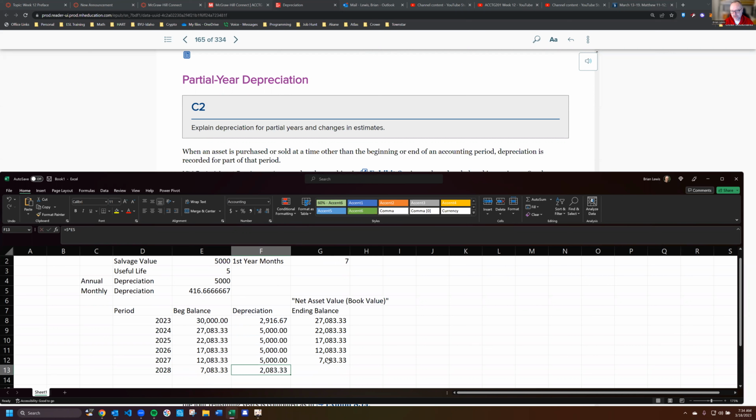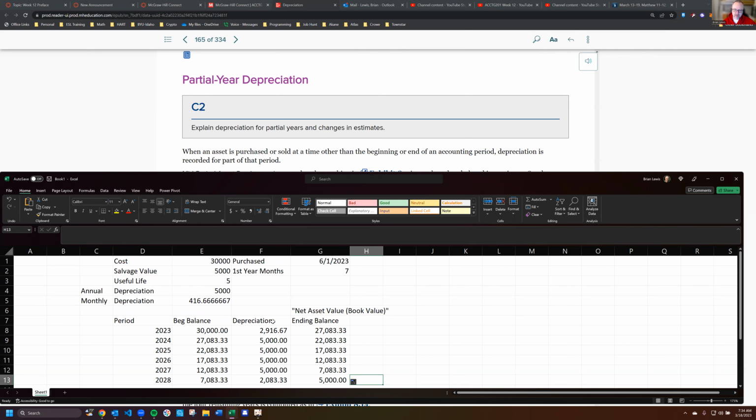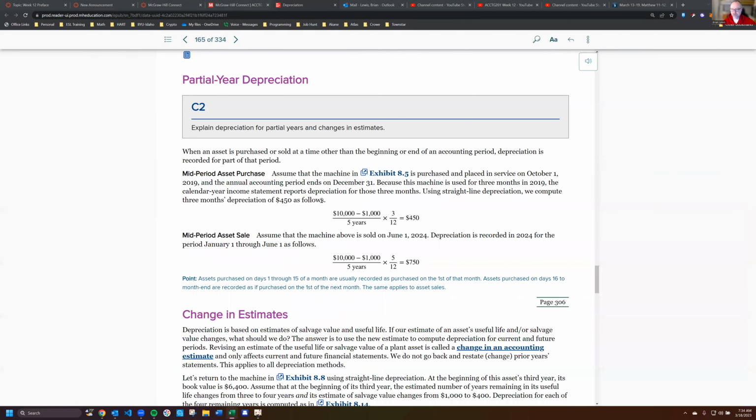Let's do that. And so now when we do this, we'll get to the $5,000, the salvage value. So you have to remember, when you purchase it during a year, if it's not a full year, you have to effectively only record the number of months in that year with the depreciation. Okay, so that's a partial year depreciation.